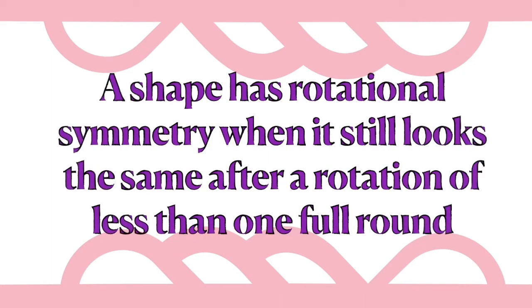So what is the conclusion now? A shape has rotational symmetry when it still looks the same after a rotation of less than one full round. Let's talk about figures or shapes in our surroundings which show rotational symmetry.